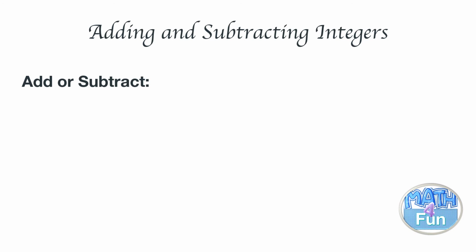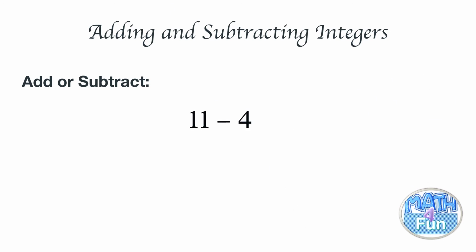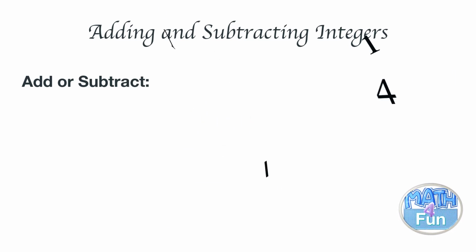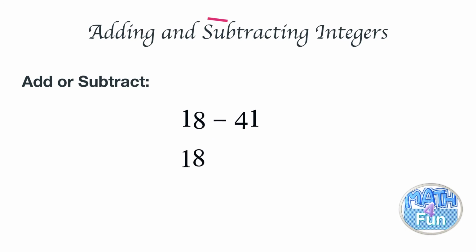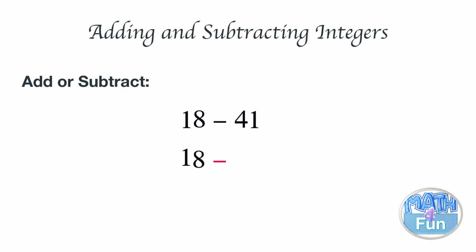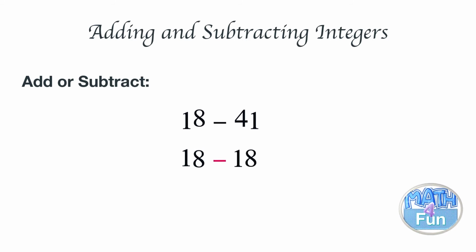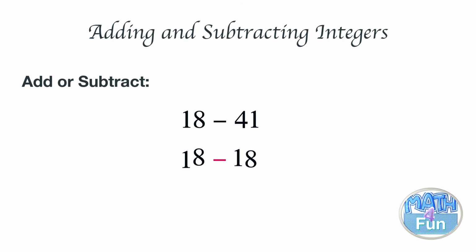Let's look at that. 11 minus 4, I think this is easy for you. 11 minus 4 is 7. Here we have 18 minus 41. So we keep the 18 and we write minus. Now we split the 41, because it's bigger than 18, into two numbers. One of them is 18 and the other one is, what will make 18 into 41?